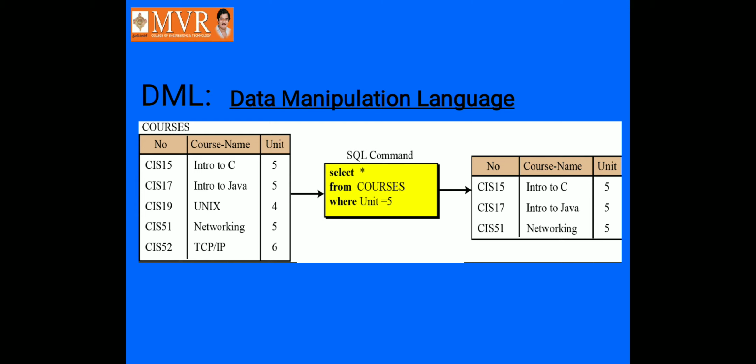Whenever you use this command and press enter, the output screen shows number, course name and unit 5. Here the star means all the fields in the table will be displayed where the condition unit equals 5 is satisfied.